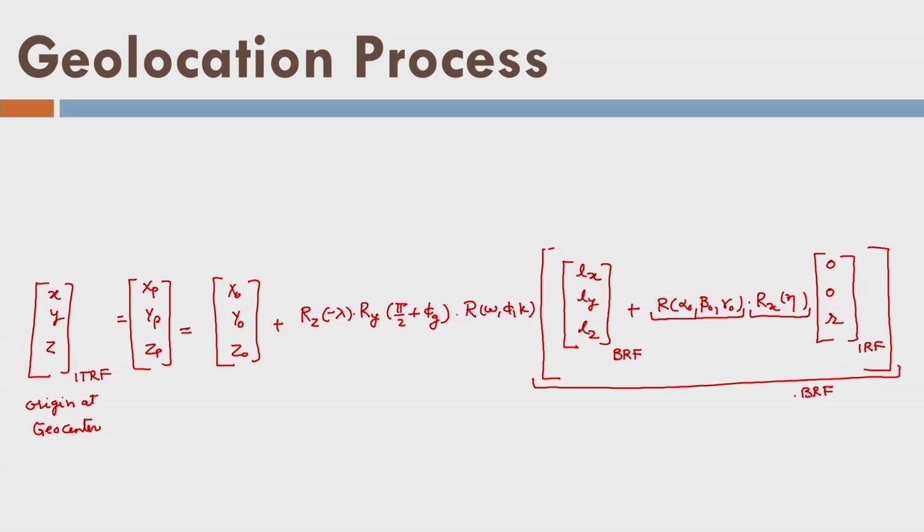And then we converted this quantity by rotation, and then we have added the aircraft trajectory coordinate, and then we brought this one, which is the coordinates of the point P with respect to the geocenter of the earth.